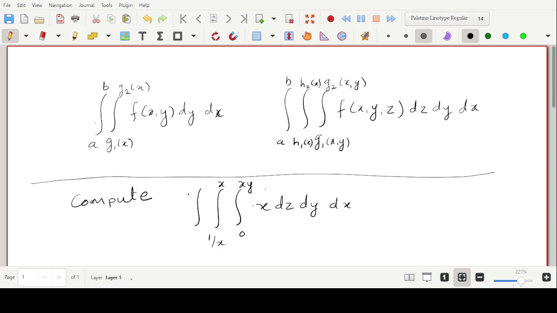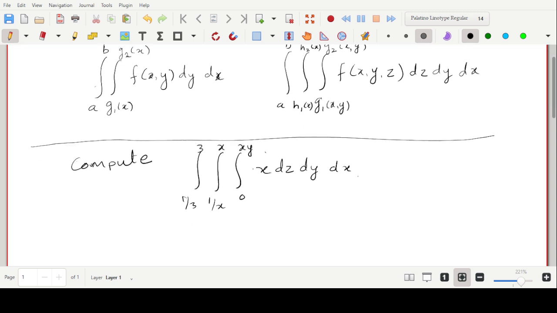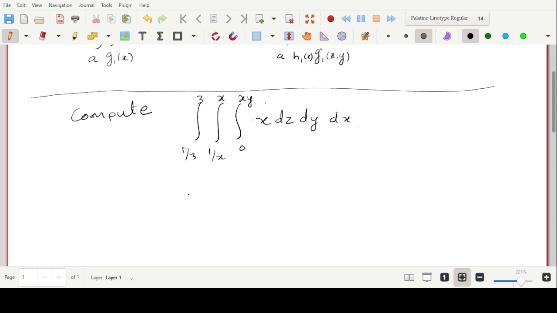These are functions in x alone, and the values between which x varies are 1 over 3 and 3. So let us go ahead and compute it.